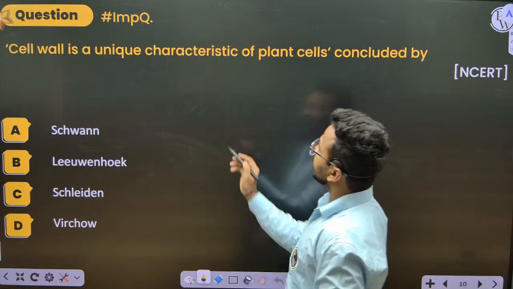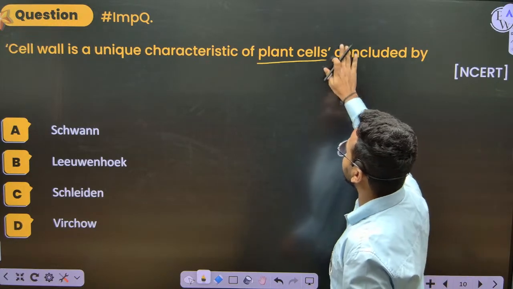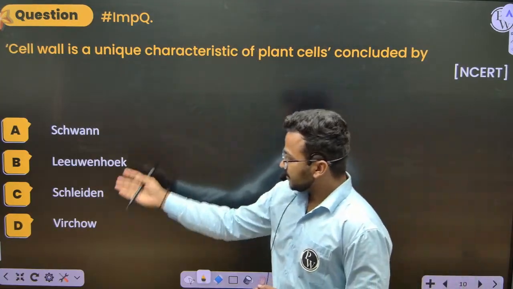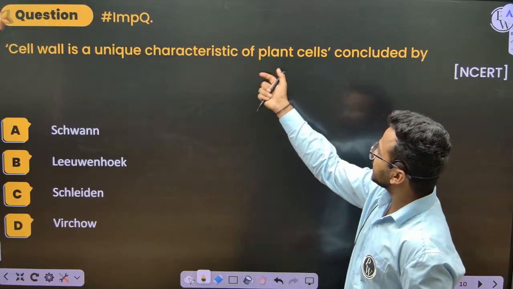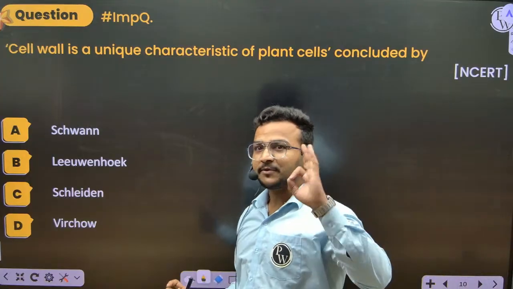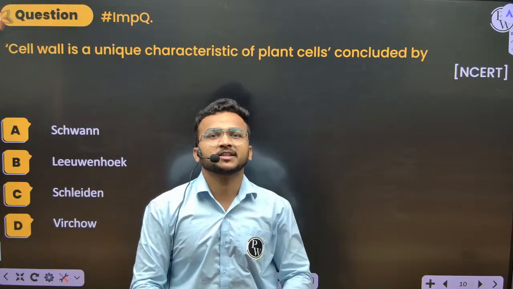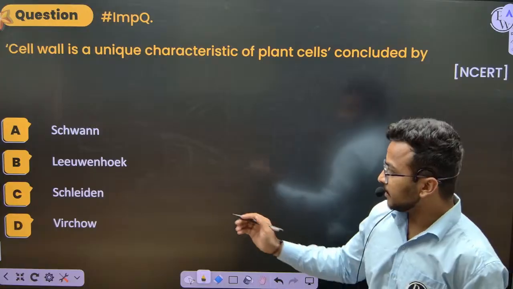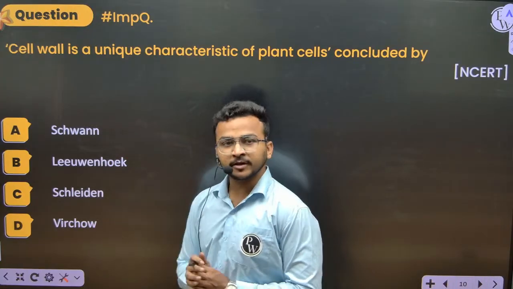Cell wall is a unique characteristic of plant cells, and this was concluded by whom? You need to tell me which of these 4 is the answer. Don't get confused here, because Schwann, Schleiden, Leeuwenhoek and Virchow are there.